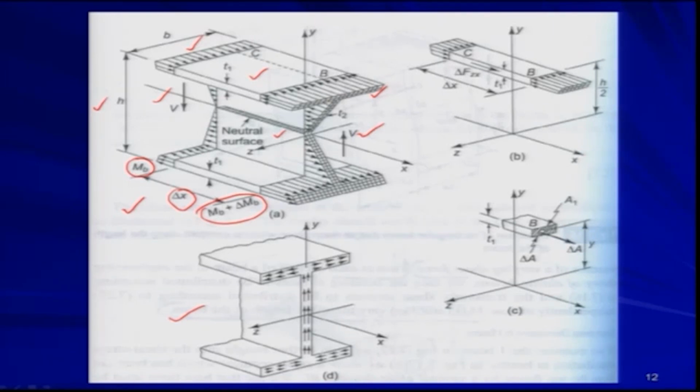In figure B, a small segment has been cut from the top flange by a vertical plane through BC. So, through this BC we are cutting one small segment of the flange, and that is shown here. We take this small part out from the beam and analyze how the shear stress is distributed over it.